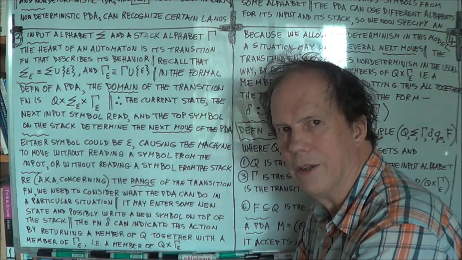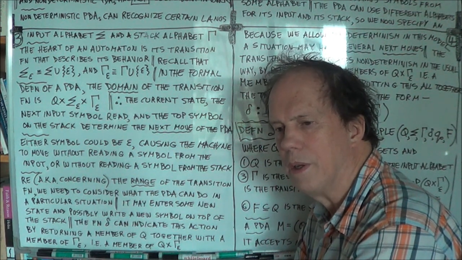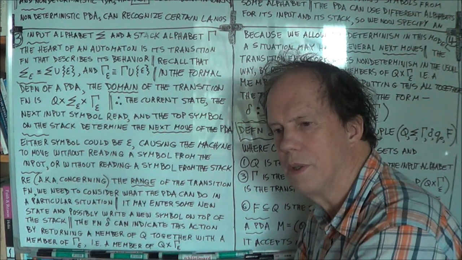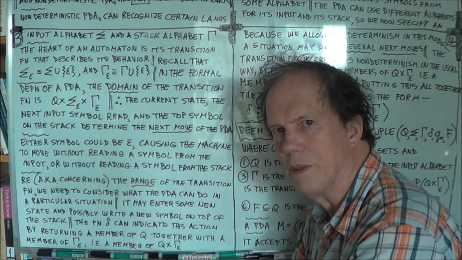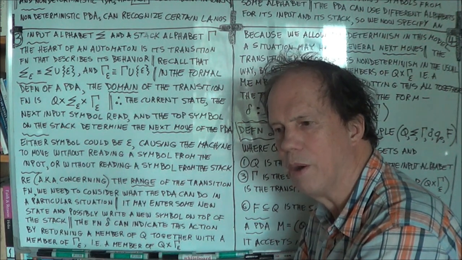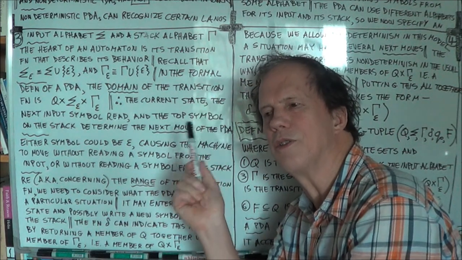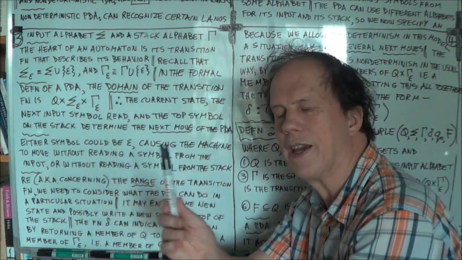You may or may not choose to push something onto the stack, and you might also choose to read and pop. The second thing is you'll do something with the stack, because you have a stack.